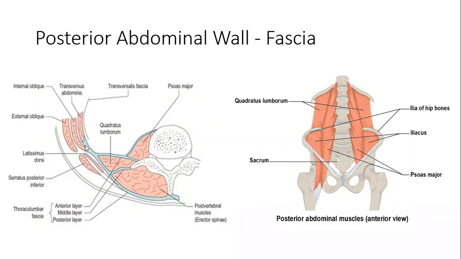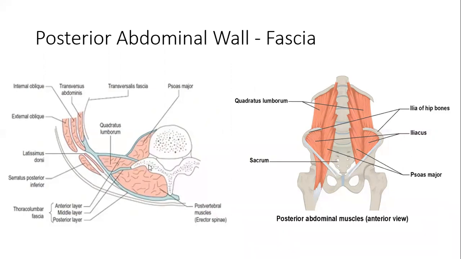The fascia extends laterally up to transversus abdominis and internal oblique, so that the thoracolumbar fascia laterally becomes continuous with the transversalis fascia, which covers the anterolateral abdominal wall muscles internally, particularly transversus abdominis.